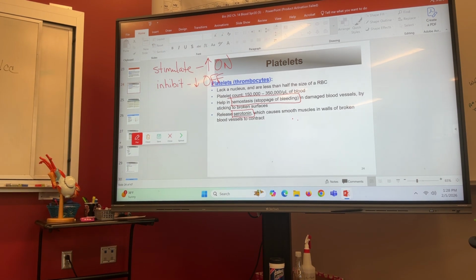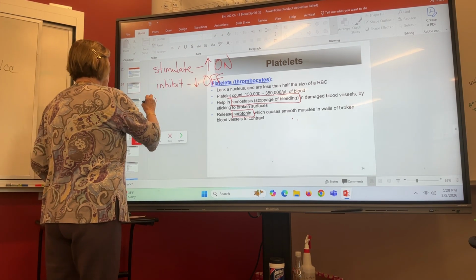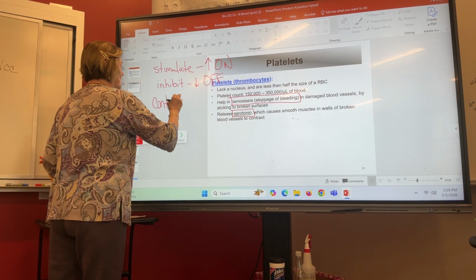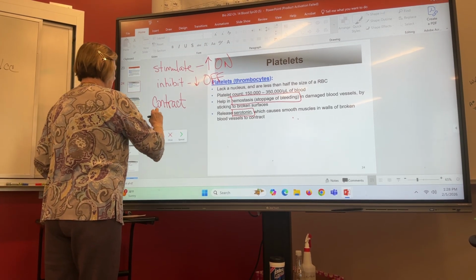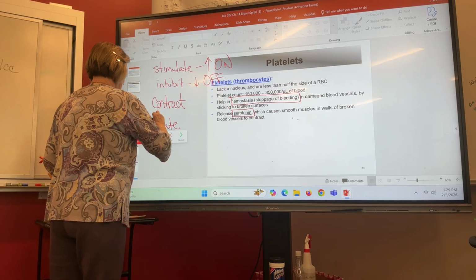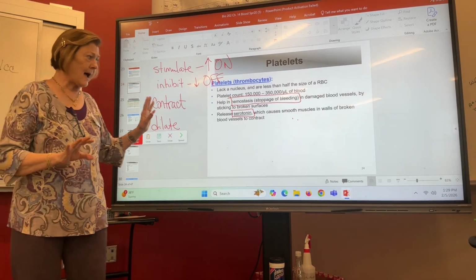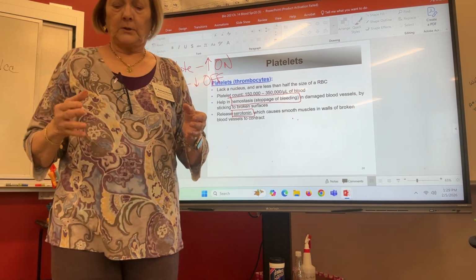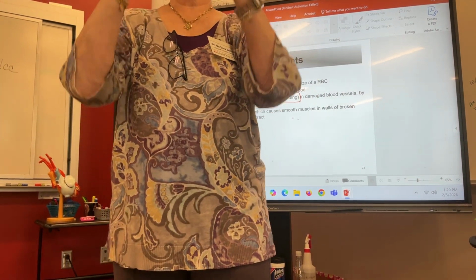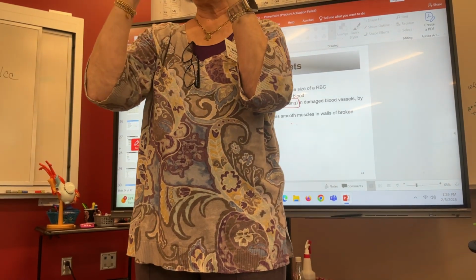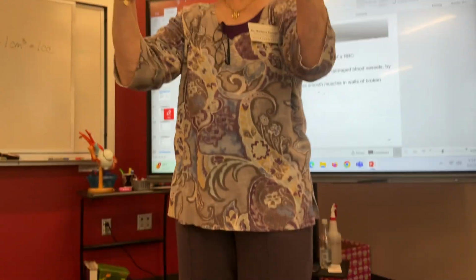Now, with this chapter, some words that we will use: contract and dilate. I want to show you first with my hands, and then I'll try to draw a picture. If I'm going to contract, I am an opening. This is representing like a longitudinal blood vessel.